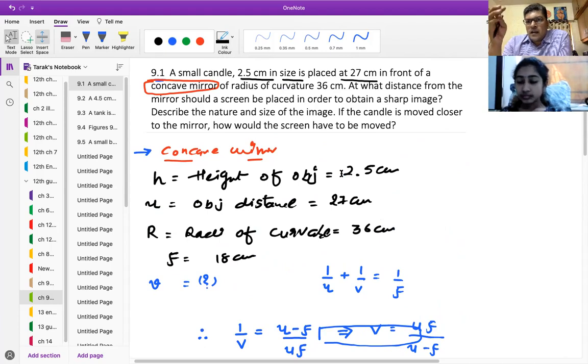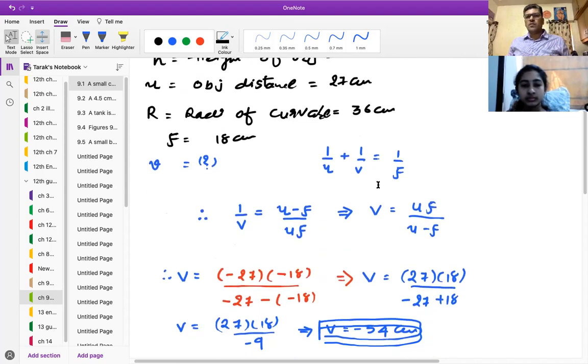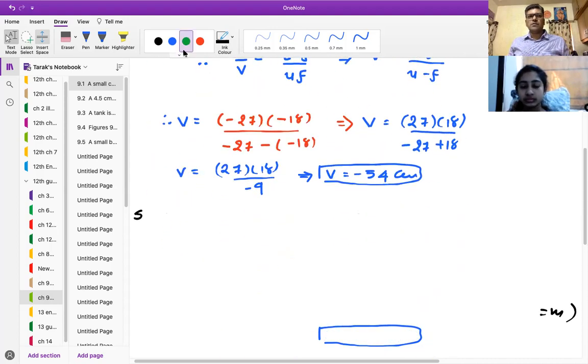If I have my magnification, then I can say whether m is greater than 1, less than 1, or equal to 1. Then after that, I can find out how far the screen would be moved. I already got my value of v, minus 54, so there is no need to find that again.